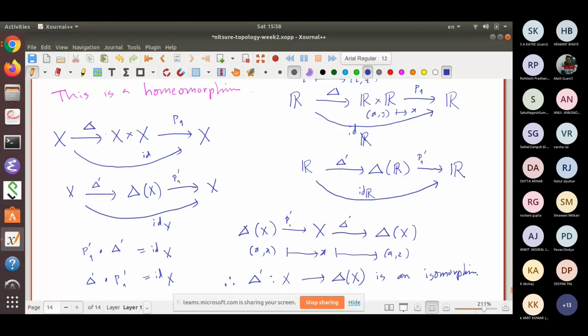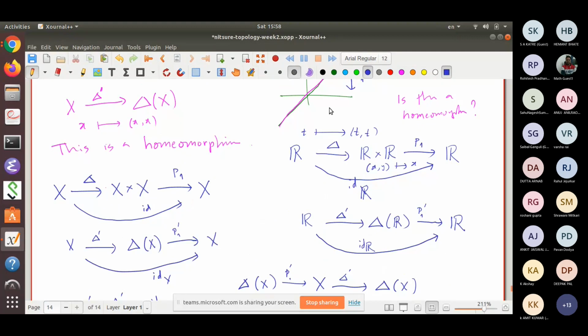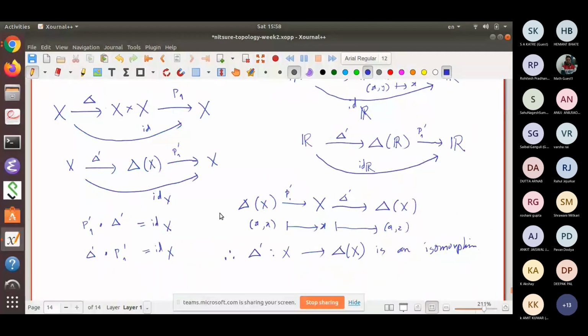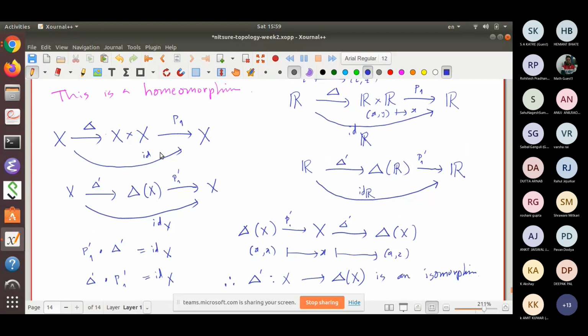Now I want to point out something very simple. You may use R and view this line and projecting it to help your intuition. But after you write the argument, you see the argument is entirely categorical. What did we use? Existence of the product with itself. And therefore, in any category where you have the product of x with itself, the diagonal is going to be an isomorphism on, quote unquote, image, provided you can define an image.